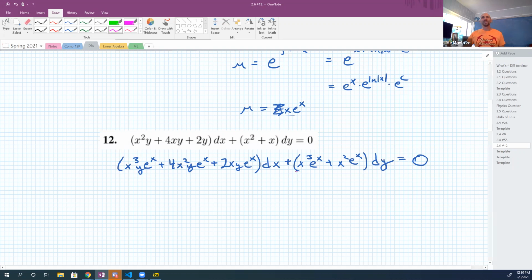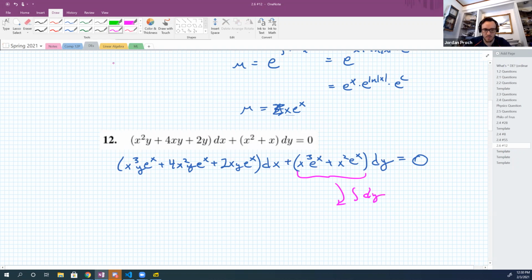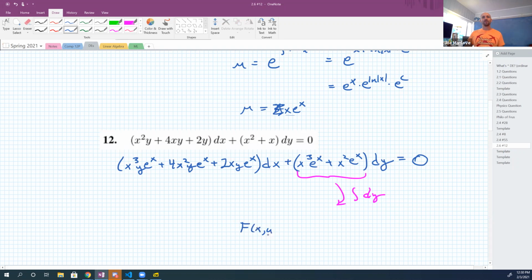All right, so I'm going to take this guy and integrate. Which variable are you integrating here? Y. Good. We're going to integrate that part dy. And so we're going to get the idea that our function, f of x and y, should be, oh, well, that's really easy. This is just a function of x, right?